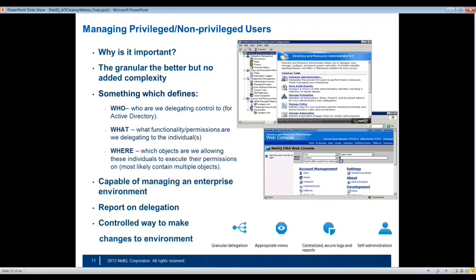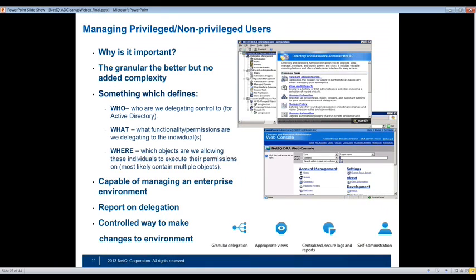Now, natively, that's very difficult to securely and granularly manage those permissions, and it's near impossible to report upon those permissions. And natively, every user in the organisation, even if they're a traditional user and nothing more than that, they have read permissions over the directory.